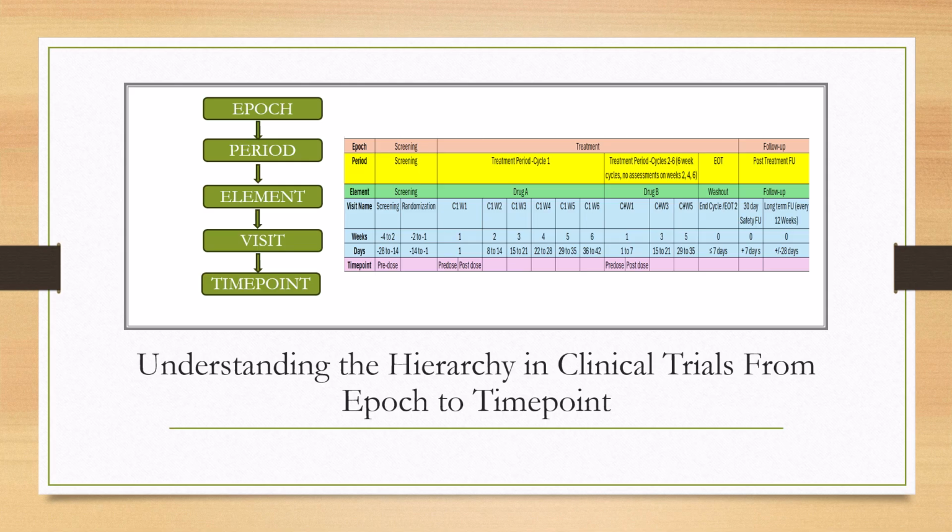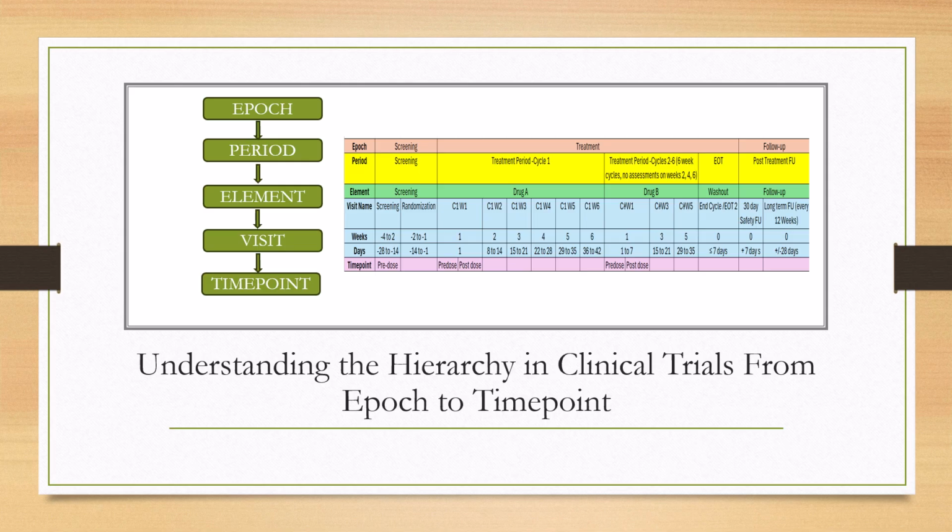Then there will be a washout period, which will be marked as the end of treatment, and we will see that the dose of the drug is washed out from the system. So for that time, we have defined that element as the washout element in this case.